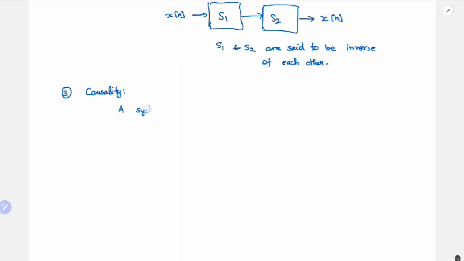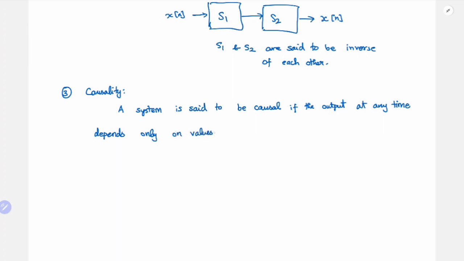So a system is said to be causal if the output at any time depends only on values of the input at the present and in the past, and not in the future.